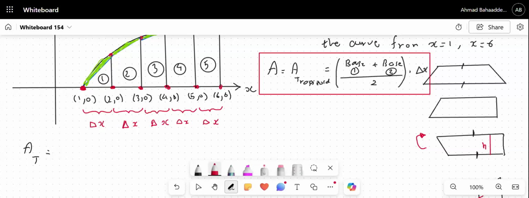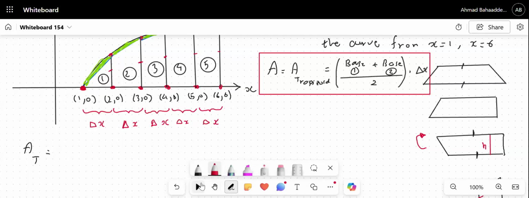So I'm going to take the height as delta x, as I said, and base 1 and base 2 are actually these lines. This is base 1, base 2, base 1, base 2 for each of them. So I'm going to replace base 1 by f of 1.